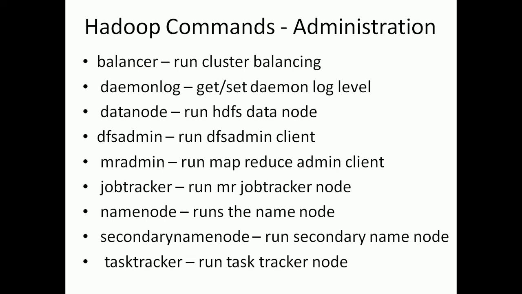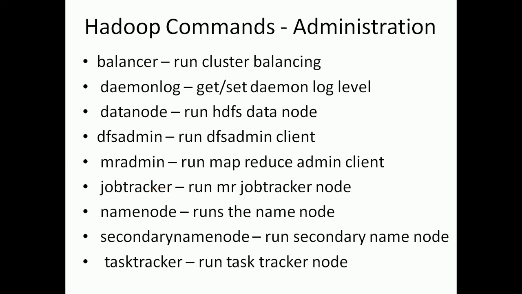This is again used to get information about a particular file, or you can get the report. mradmin runs the MapReduce admin client. jobtracker is used to allocate tasks to the task tracker.